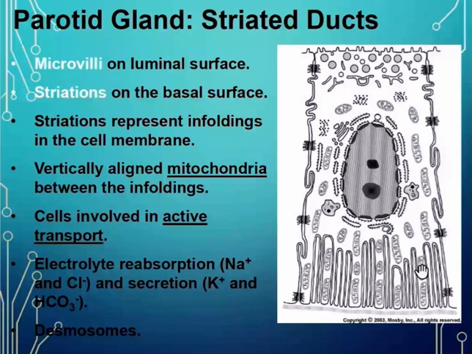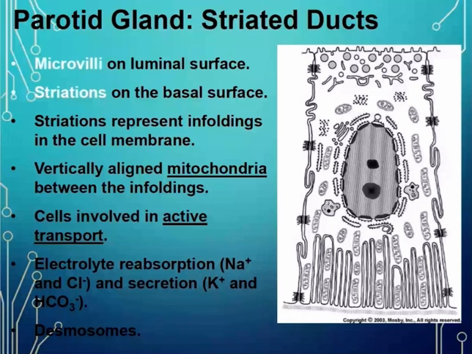The large surface area supplies more levels of energy from the mitochondria, which is involved in active transport of the ions. The striated ducts thus have electrolyte resorption of sodium and chloride ions, and electrolyte secretion of potassium and bicarbonate, without the loss of water.